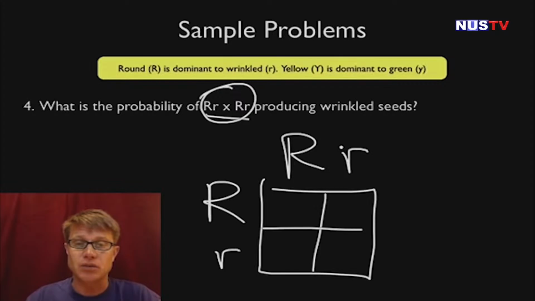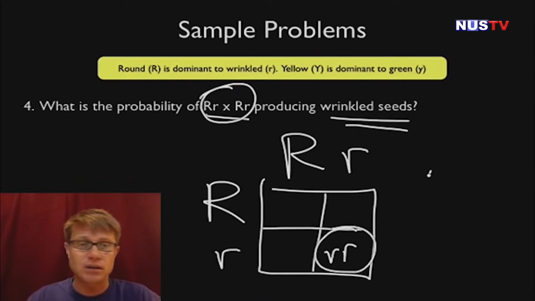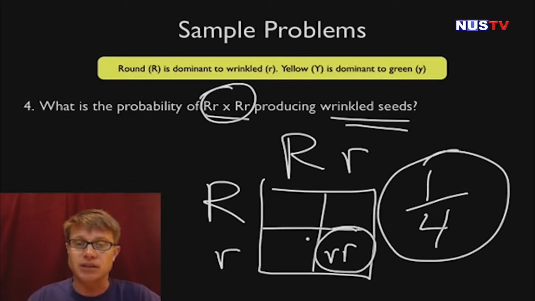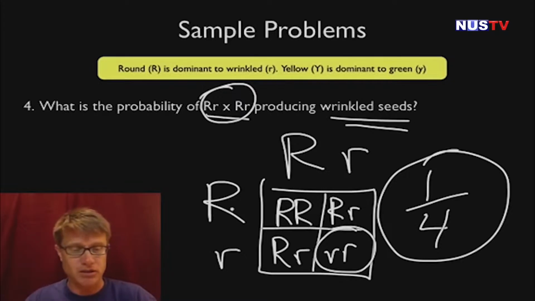So what are the odds that I'm going to get wrinkled seeds? Well, there's a little r here, a little r here. And so there would be a 1 in 4 probability that we'd have wrinkled seeds. Because this one's going to be round, this one's going to be round, this one's going to be round as well. And so again, if you ever get a simple cross like that, do a Punnett square.